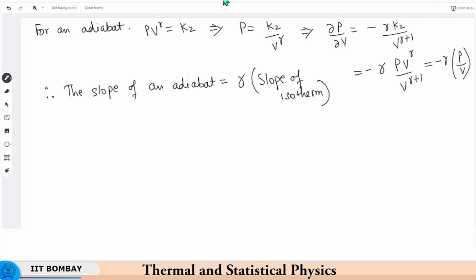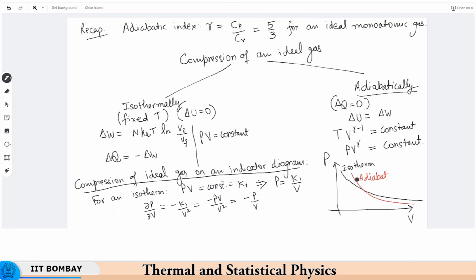And that is why I drew this in this way. So, you can see this red line, at any given point, its slope is always greater than the black line. So, this is an important concept that we must understand, and this will be useful when we talk about the Carnot engine very soon.